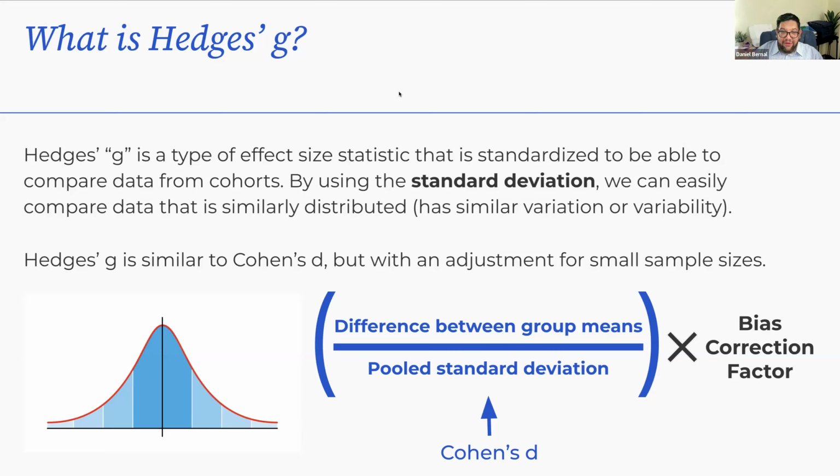And what we can use with using that standard deviation to calculate effect size is it doesn't matter what data you're talking about because standard deviation is always going to be this kind of unit that we can use to compare very different data sets.